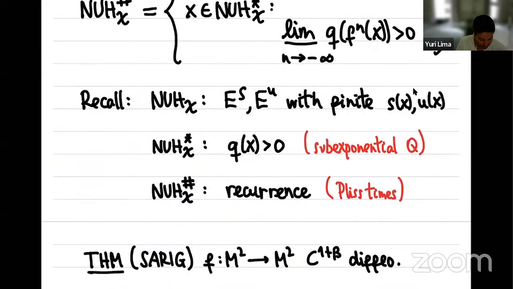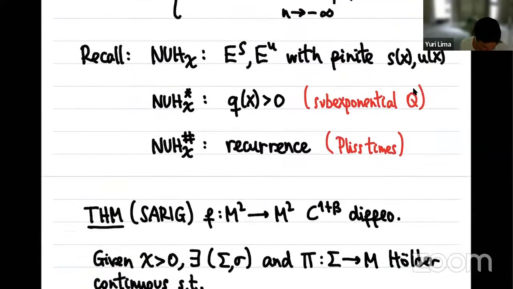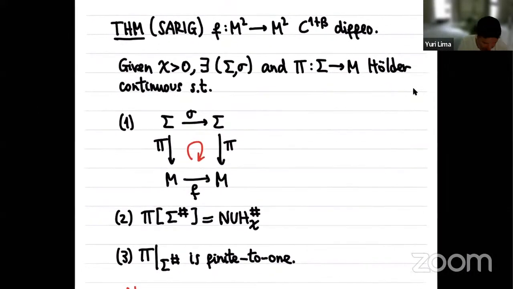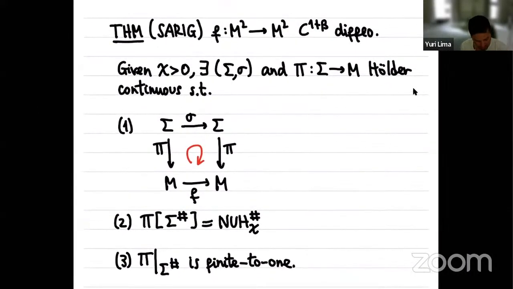Okay, so with the introduction of this notation, now I can say to you what is the theorem that we want to discuss today. So here is the theorem. Let me decrease this a little bit. So the theorem of Sarig considers C^(1+beta) diffeomorphisms on surfaces, and given a parameter chi bigger than 0, he is able to construct a topological Markov shift.